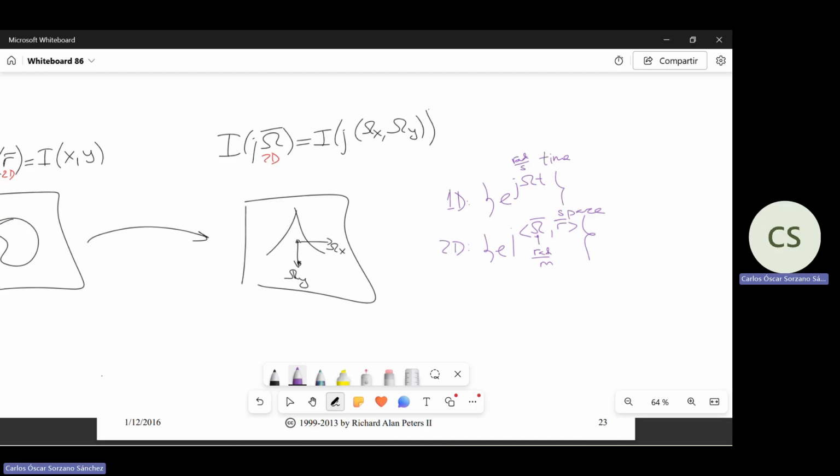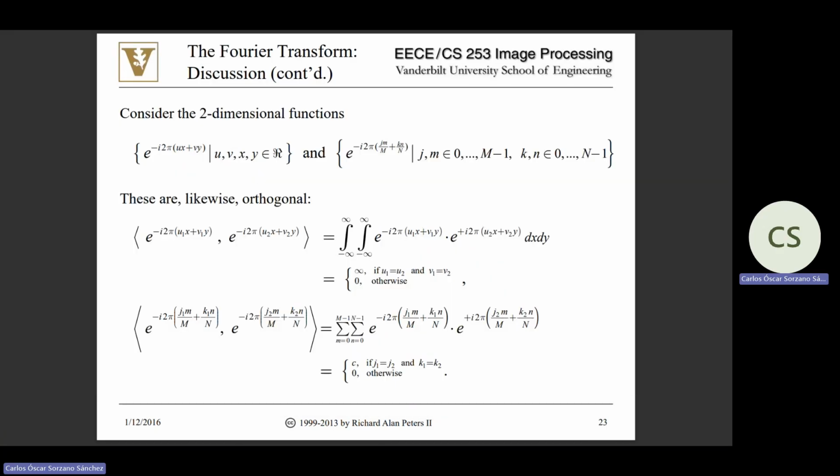And then you can also express this as J, and then omega X. So it will be omega X times X plus omega Y times Y. And this is the kind of expression that he has in the slides.